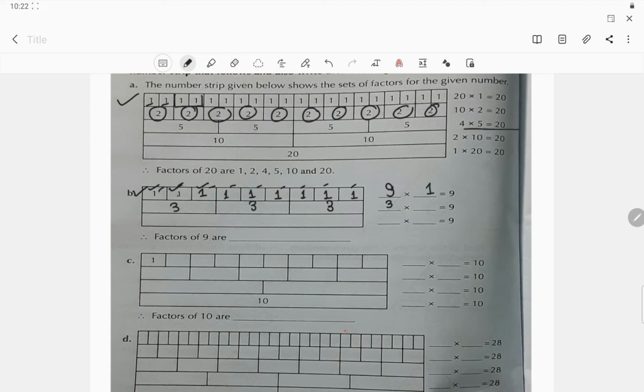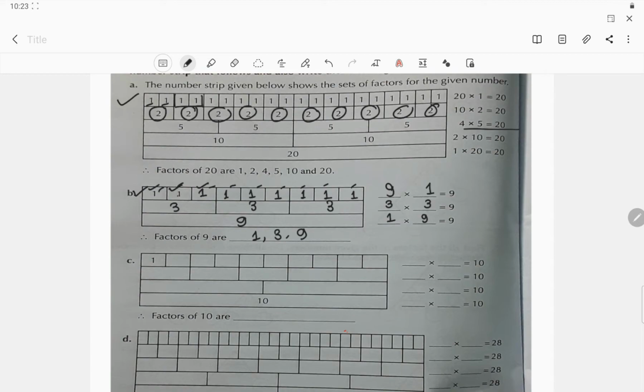That means 3 3s are 9. Then if you add them all, you will get 9. So there is only one 9. So 1 into 9, you will get 9. Okay. So factors of 9 are 1, 3 and 9.